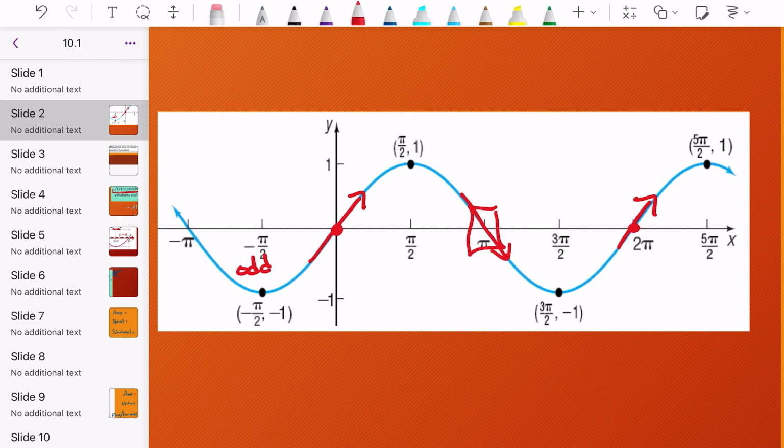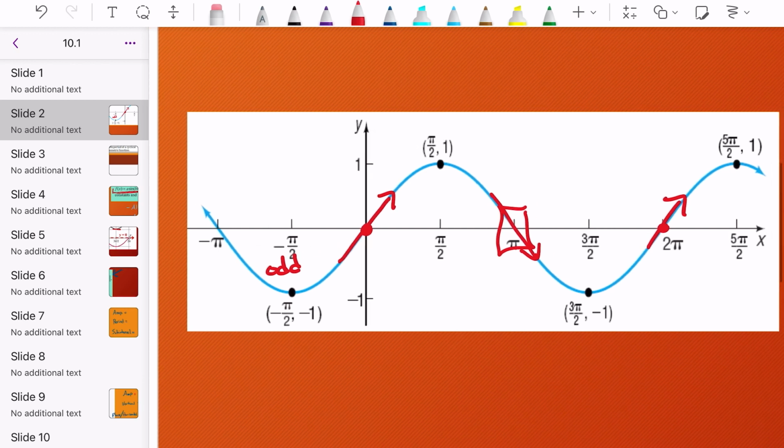Let's take a look at the x-intercepts. Now the x-intercepts are whenever the line itself crosses the x-axis. So in this case, we have -pi, 0, pi, 2 pi, and we can consistently figure out from there that it would increase by 1 pi every time as we are going further right, and it would decrease by 1 pi as we went further left.